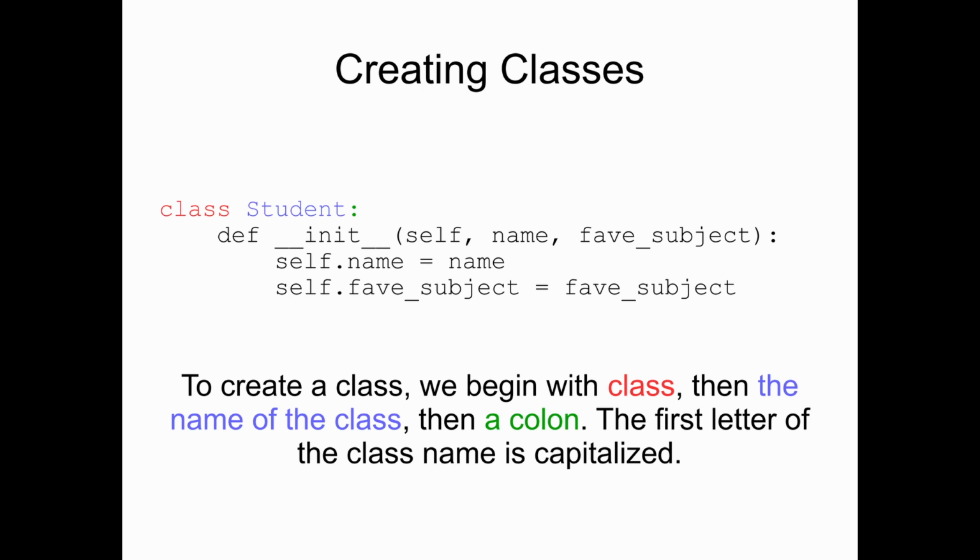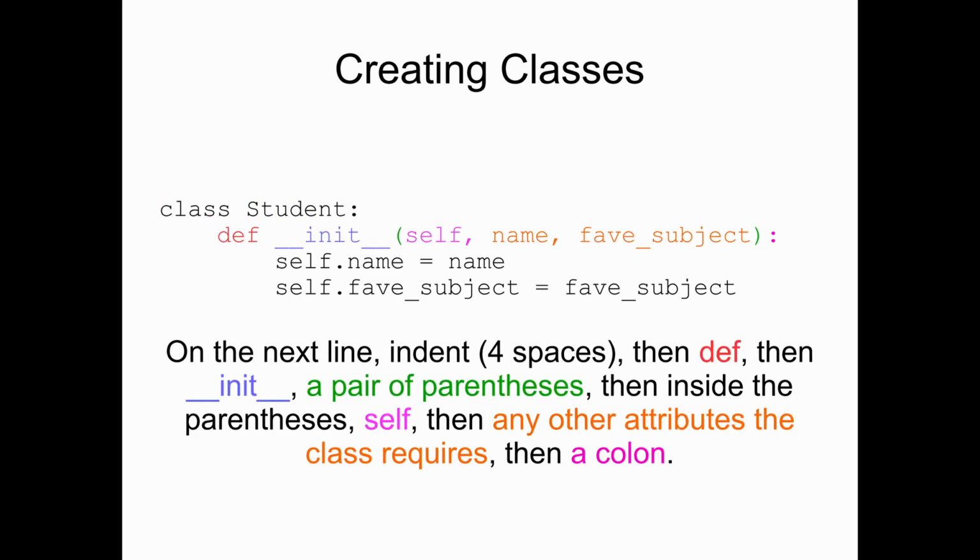The first letter of the class name is capitalized. On the next line, indent, then def, then double underscore, init, a pair of parentheses, then inside the parentheses, self, then any other attributes the class requires, then a colon.